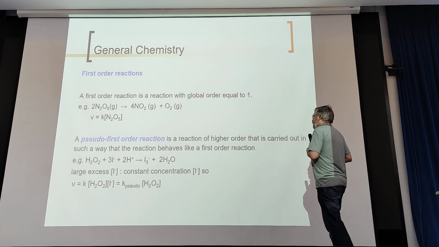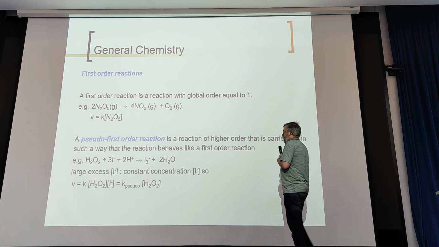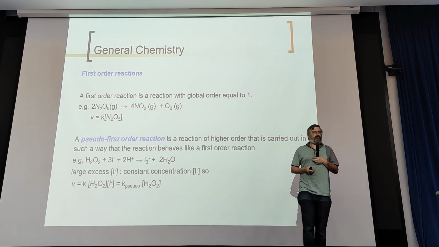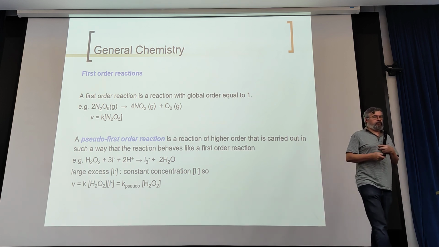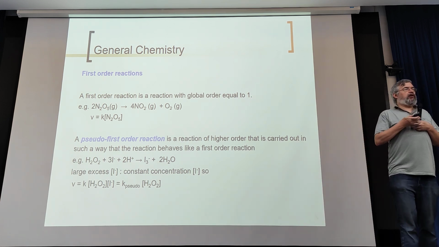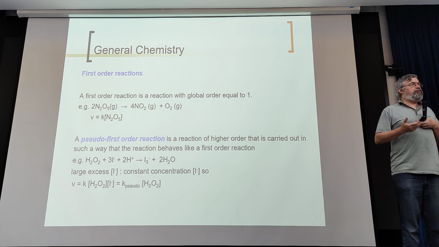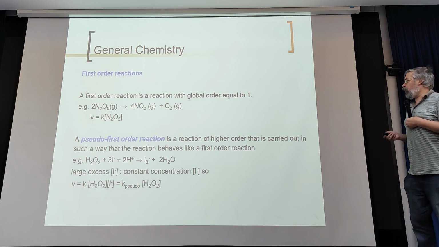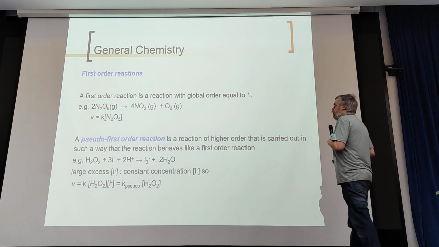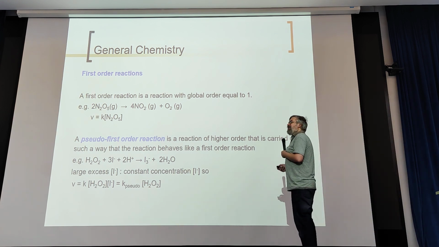It is pseudo first order because you see only one concentration term anymore. But for that we need a large excess, or we need that one of the reagents is a solvent. In that case, it would also go according to pseudo first order reactions.